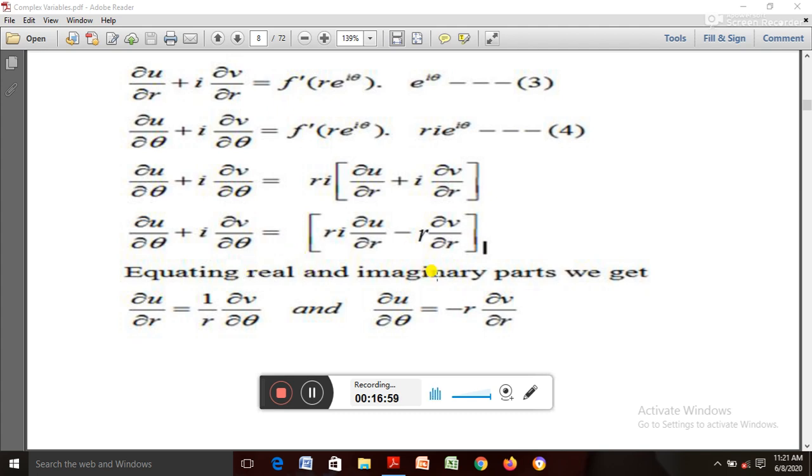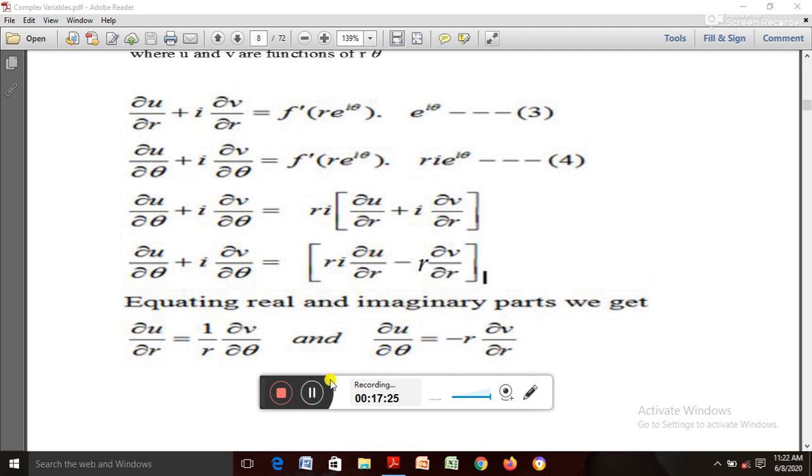Equating real and imaginary parts from this: the real part gives ∂u/∂r = (1/r) ∂v/∂θ. Then the imaginary part gives ∂u/∂θ = -r ∂v/∂r.